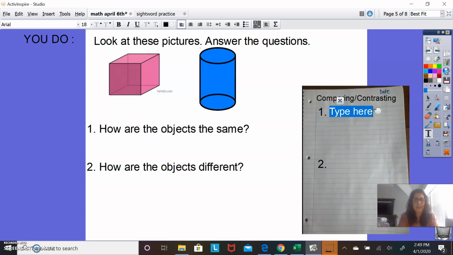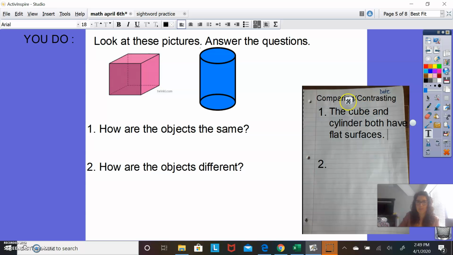So I could say the cube and cylinder both have flat surfaces. That's how they're the same.